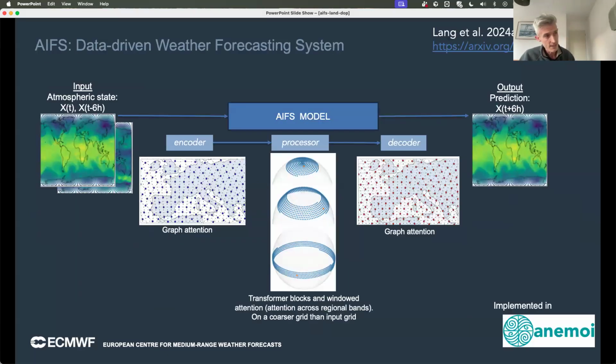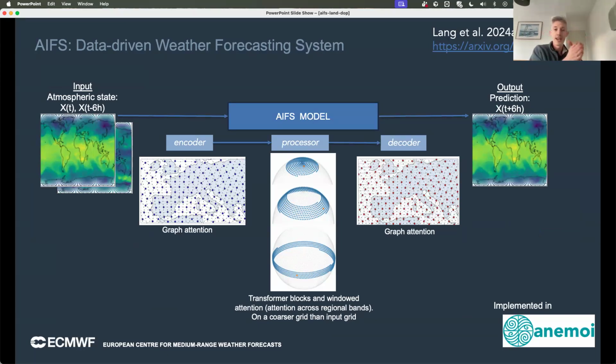I should say the backbone that is doing all of this work is exactly the same kind of machine learning model that is used by all these big LLMs, ChatGPT or Claude or whatever else you might like to use. It's this transformer which has this notion of attention. And this means that once we've compressed the atmospheric state down to this 1 degree grid, the transformer can have attention across latitudinal bands.